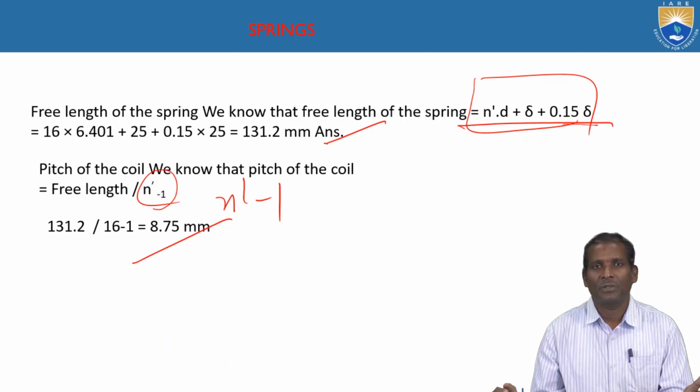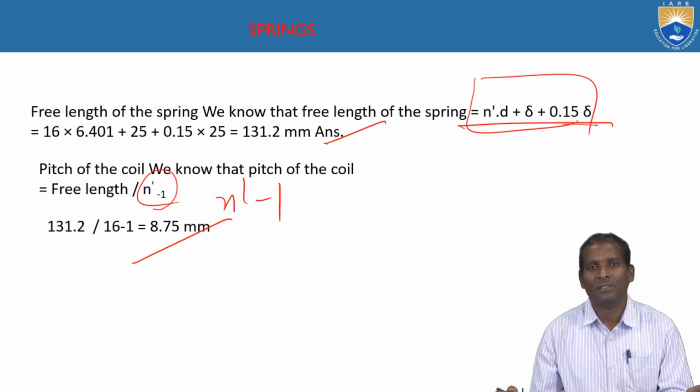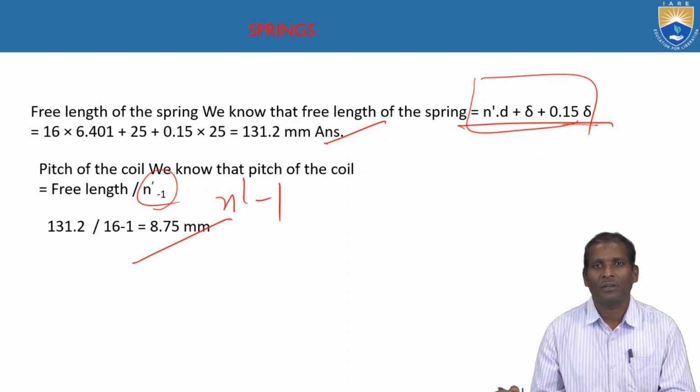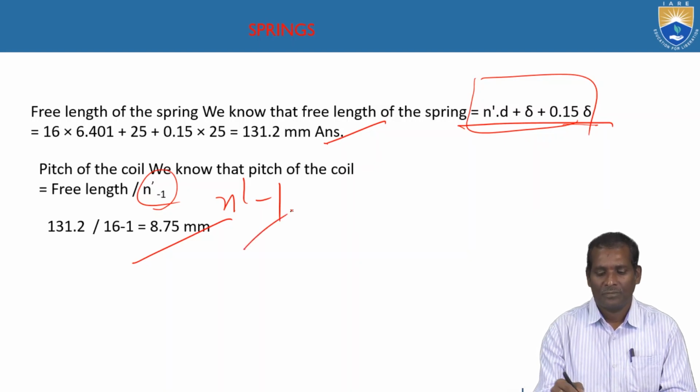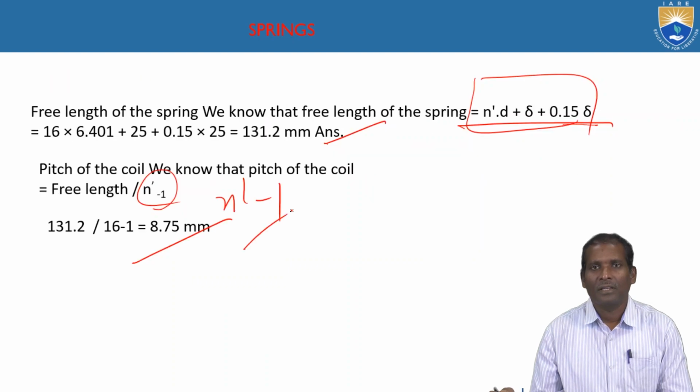So what is the distance between one coil of spring, axial distance to the next coil? You may calculate by using this relation, free length upon n dash minus 1. Clear? So like this, you need to calculate all these parameters for designing a helical spring.